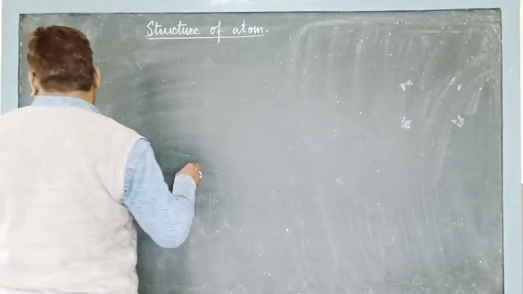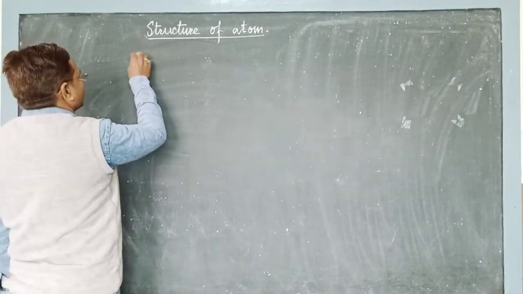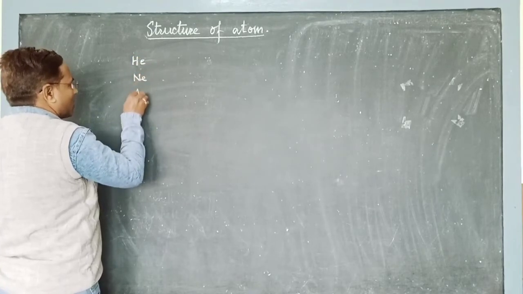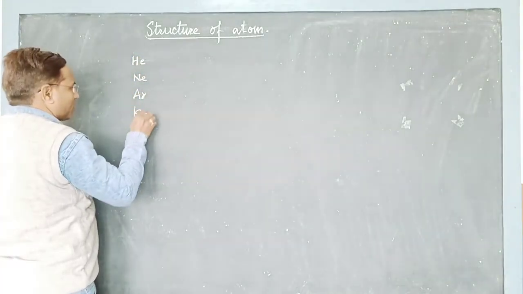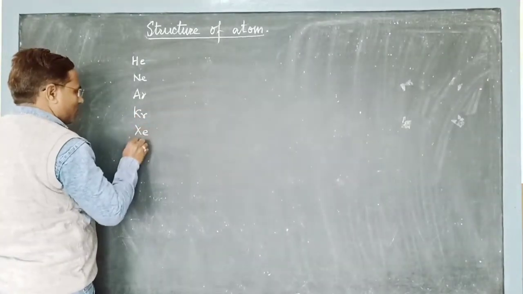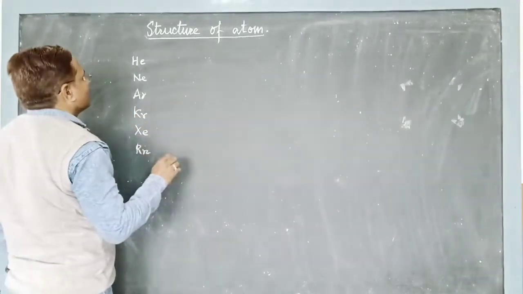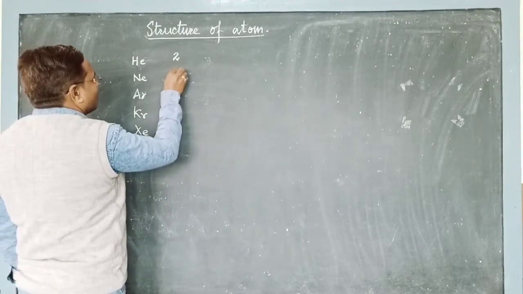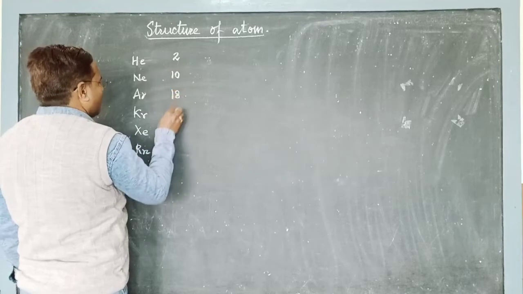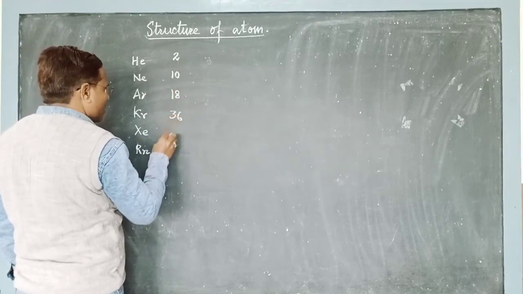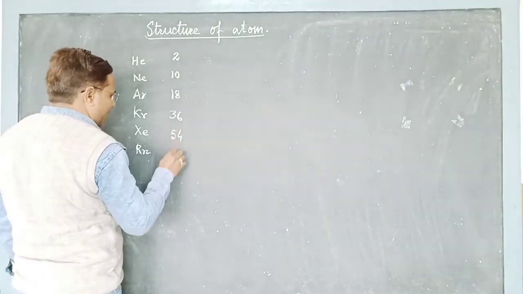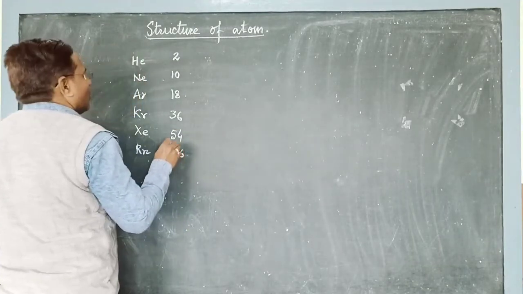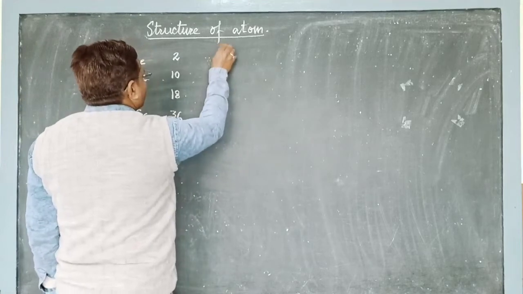Now we will see the noble gases: helium, neon, argon, krypton, xenon and radon. Helium atomic number is 2, neon 10, argon 18, krypton 36, xenon 54 and radon 86. So we will do the electronic configuration.